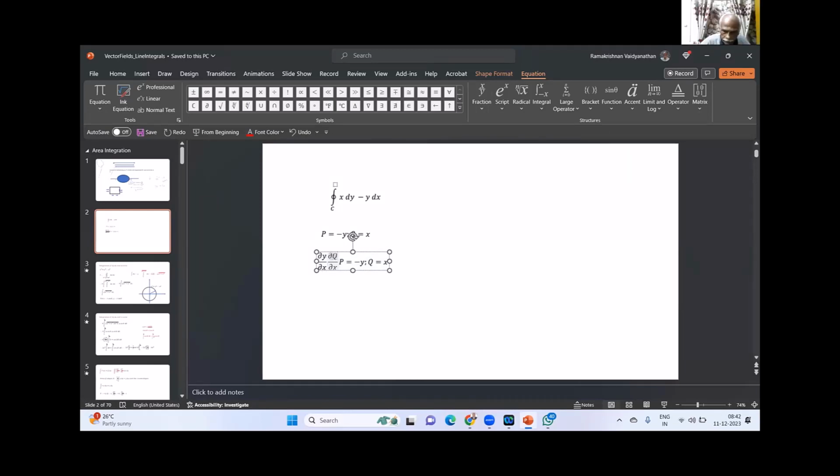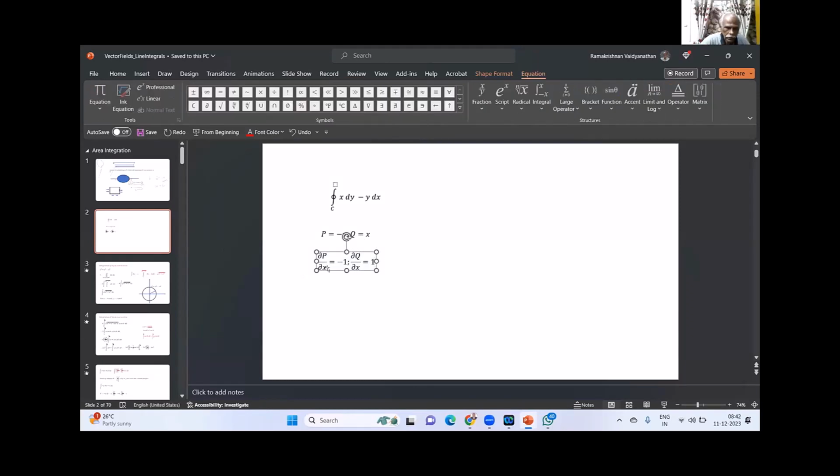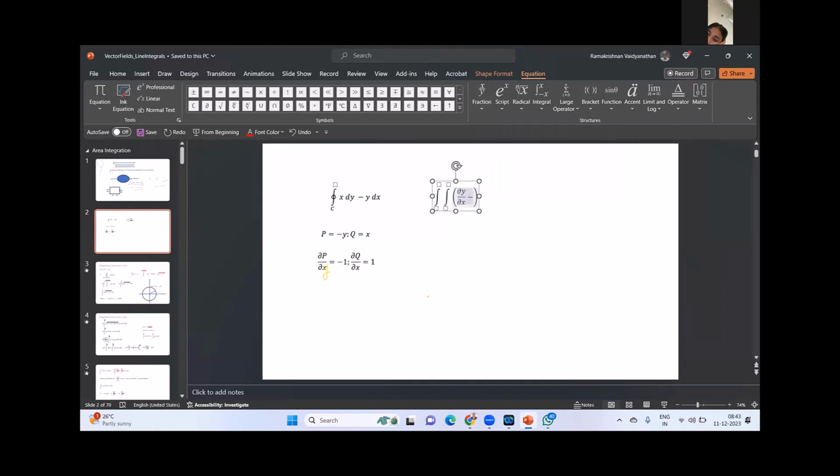Dou P by dou y is -1. Therefore, by Green's theorem, what I get is dou Q by dou x minus dou P by dou y.